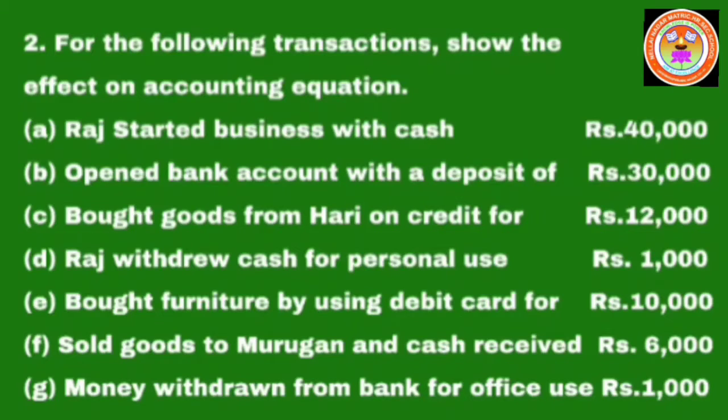Capital can also be called owner's equity, and liabilities is also called outside equity. Accounting equation is a mathematical expression which shows the total of assets is equal to the total of liabilities and capital.